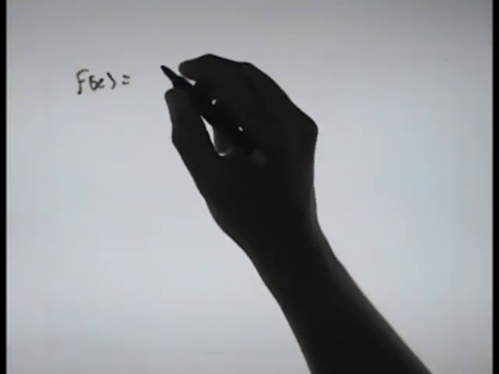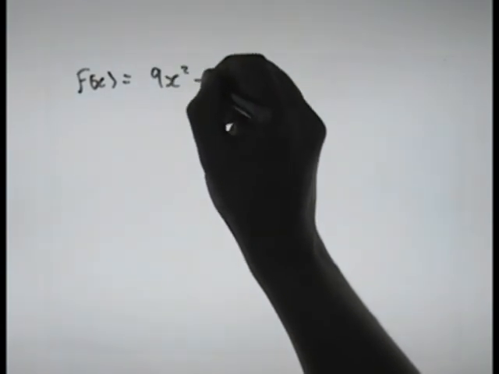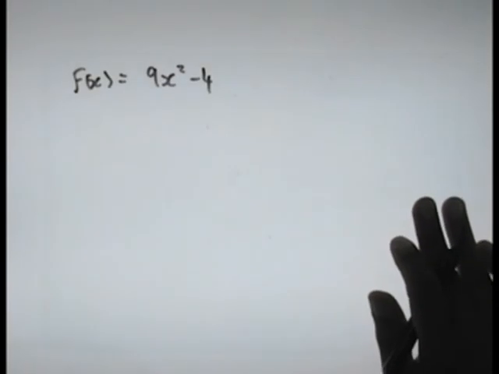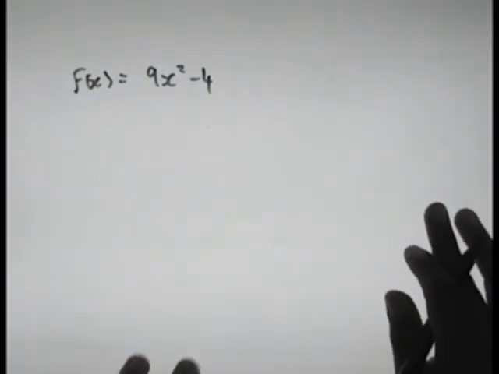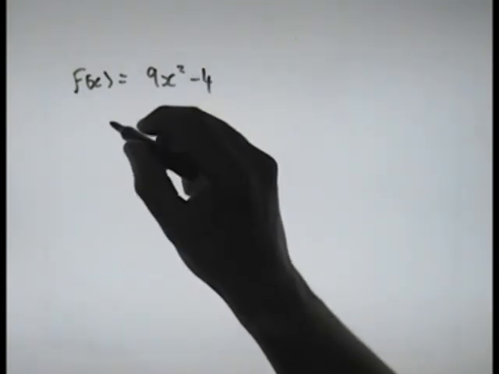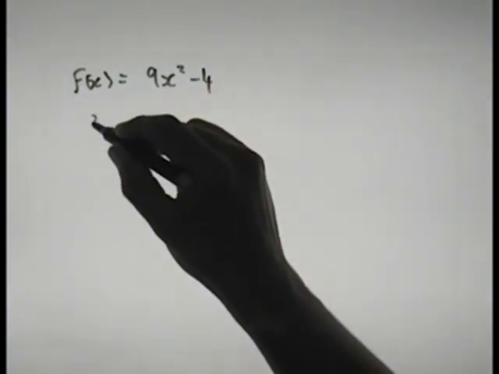The next example I gave you to do on inverses read f of x is equal to 9x squared minus 4. Now, in order to sketch this graph, it is going to be a little bit trickier. Firstly, we are going to need our turning point.